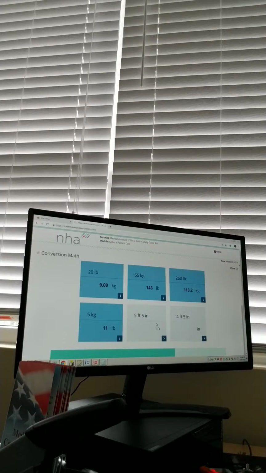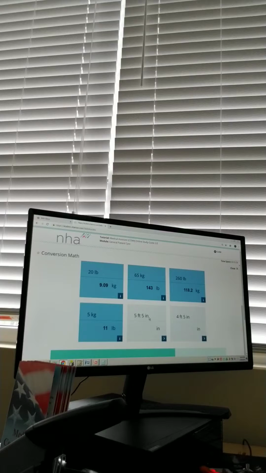And now let's convert foot and inch to inch. Now here you have 5 foot and 5 inch. 1 foot is what? 12 inch, yes? 1 foot is 12 inch.